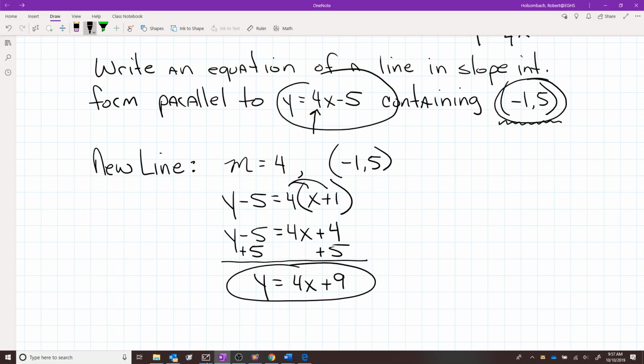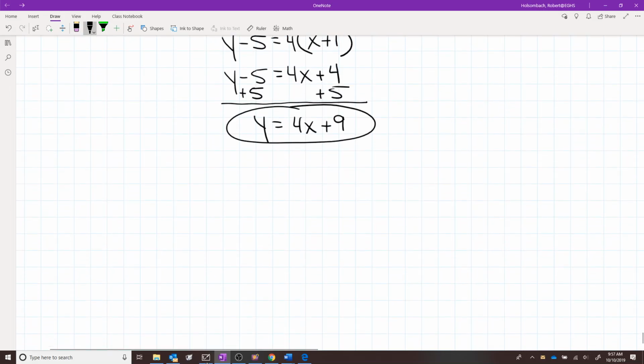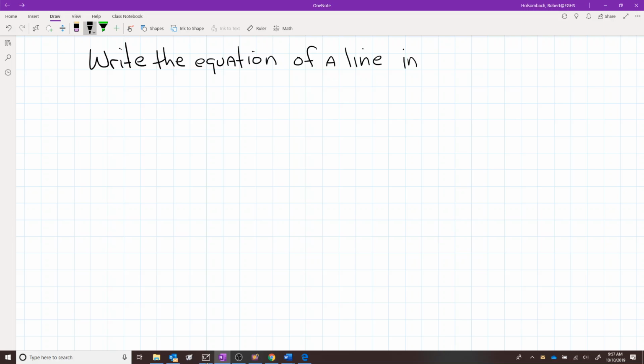The other type of problem you're going to see today and tomorrow and on your quiz is when you have to write the equation of a line in slope-intercept form perpendicular to, can you guys remember what that symbol means?